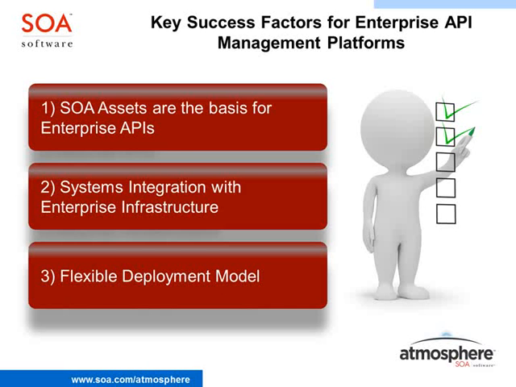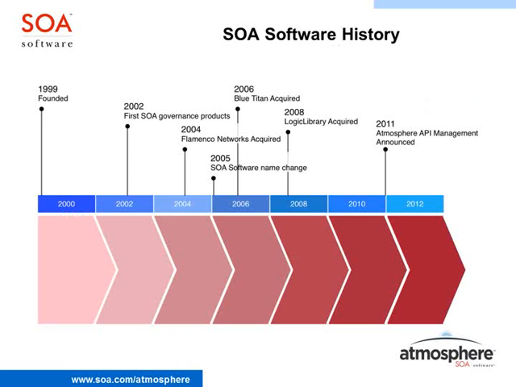So just to summarize here, I want to take you through a couple more slides, tell you a little about the genesis of SOA Software, but more importantly, the genesis and the progression to our enterprise API management environment. SOA Software's history is we've been around for about a decade. We were one of the first governance products in the marketplace, and we have been servicing Fortune 500 and Global 2000 companies for some time in the SOA governance space.